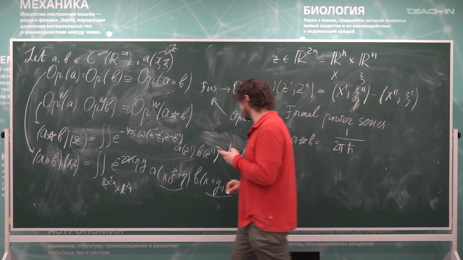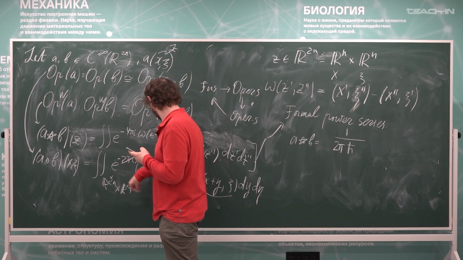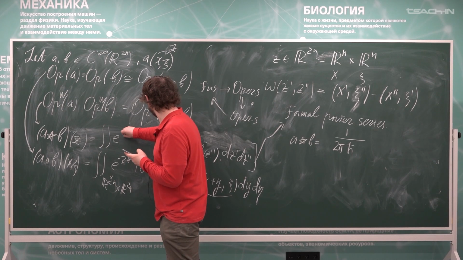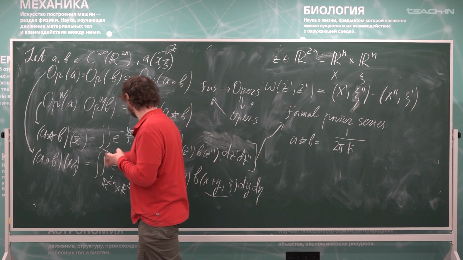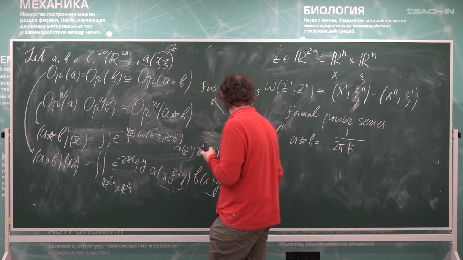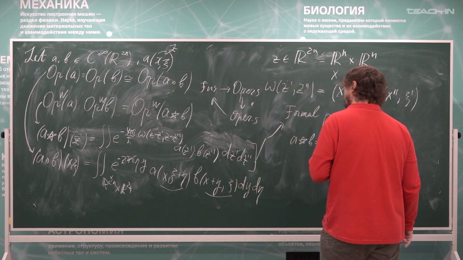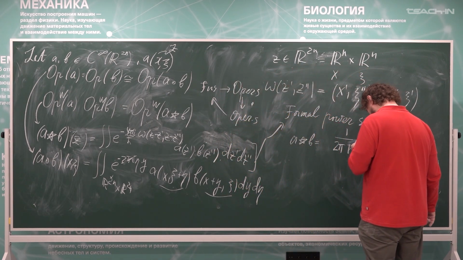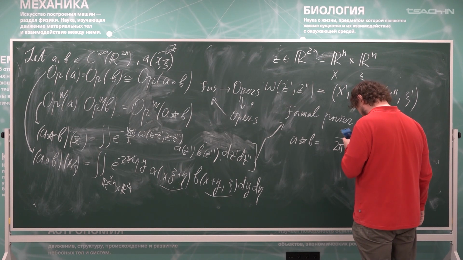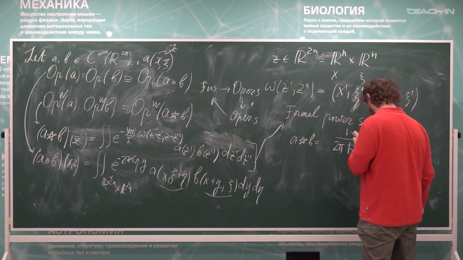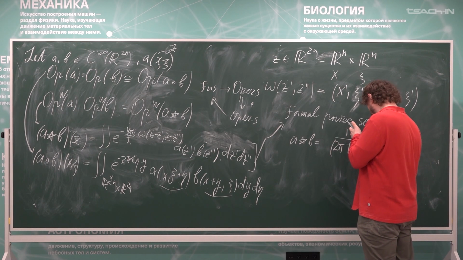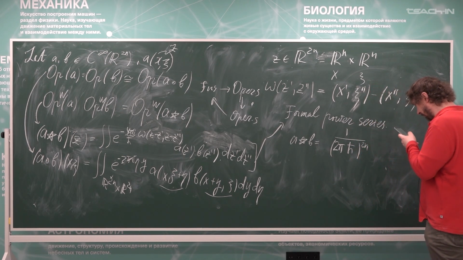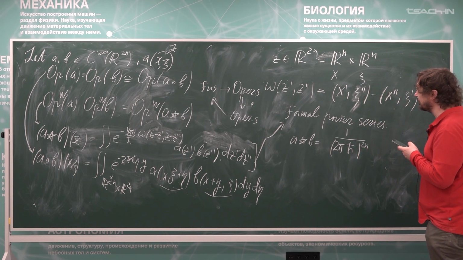You see, I change these coordinates. I remove it from here and introduce h bar here, but this comes at the expense of introducing some term in front of the integral. So let me rewrite this formula in this new form. We need to put it into the power 2n, because the dimension of the space is 2n.